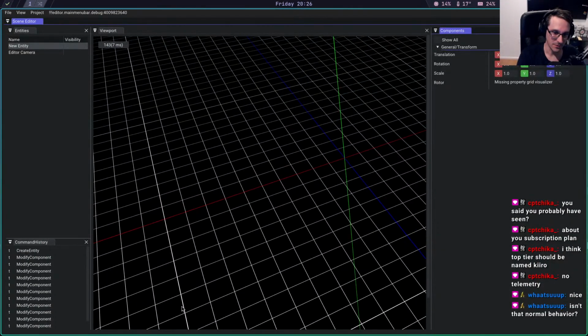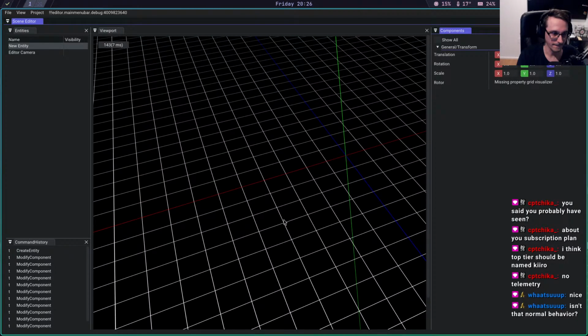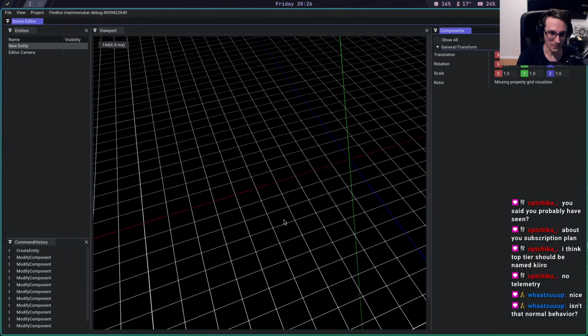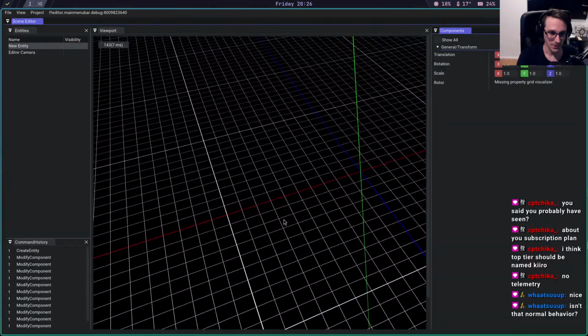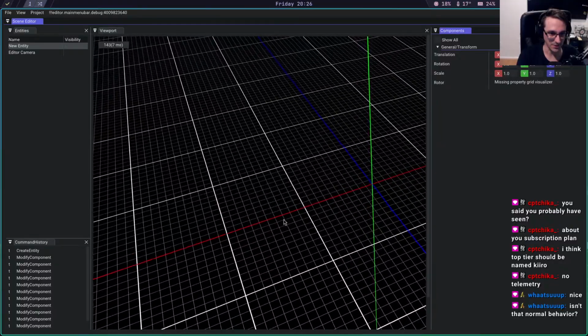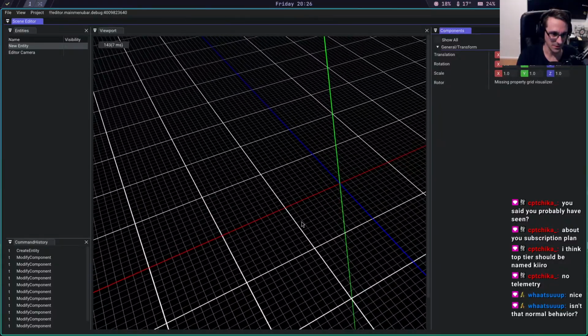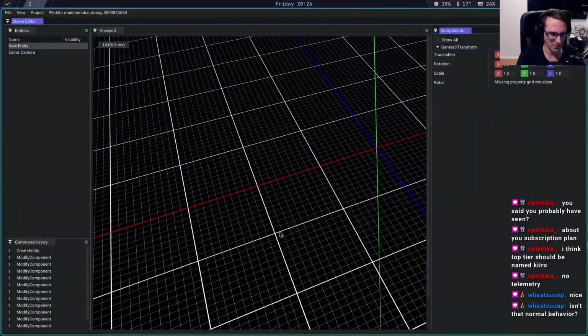And here we basically have to draw the outer lines and the inner lines already, so we basically have two active at the same time. I mean, it depends, right? Whatever you define as normal behavior. It's definitely fine, but I would think I can do it a little bit smoother.